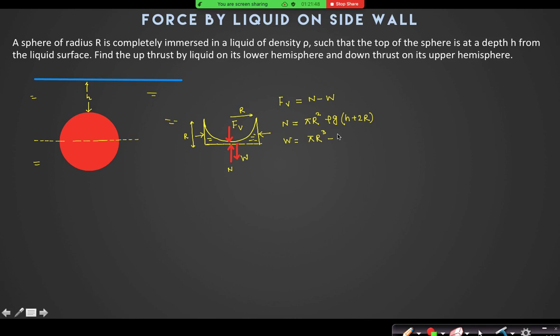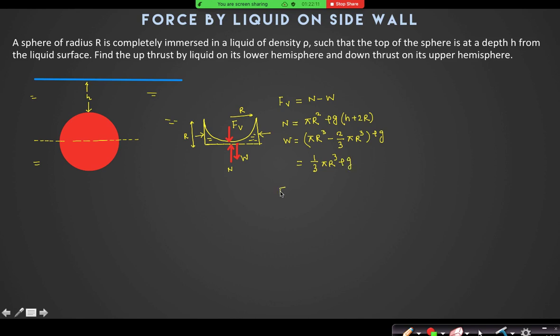Volume of the hemisphere is 2/3 pi r cube, into rho g. So I can find what is Fb from here. It is 1/3 pi r cube rho g.